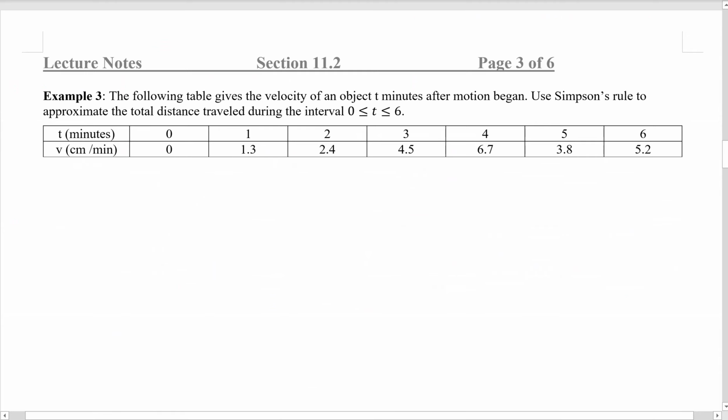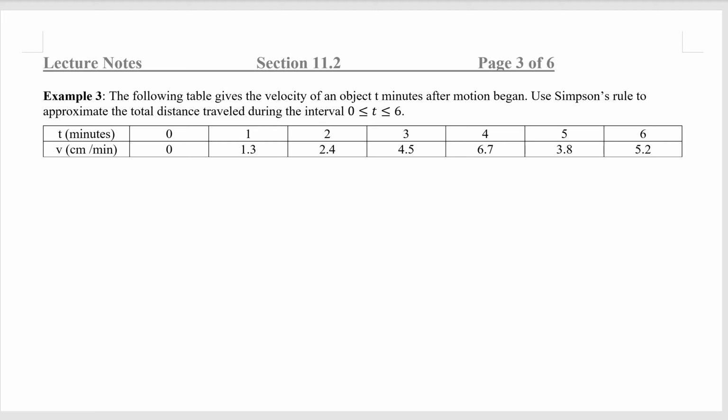Okay, the following table gives the velocity of an object t minutes after motion began. Use Simpson's rule to approximate the total distance traveled during the interval from 0 to 6. So far so good, everybody?